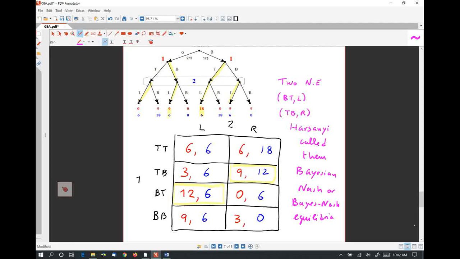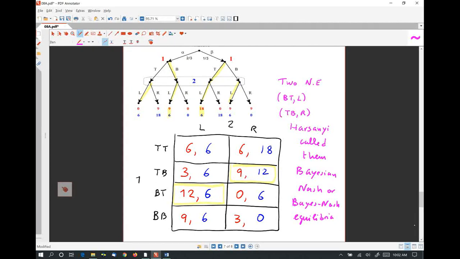So no surprise here that he suggested solving the game using Nash equilibrium. To use the notion of Nash equilibrium, we have to go through this lengthy process of constructing a strategic form and then computing the expected payoffs for each cell, which requires time.